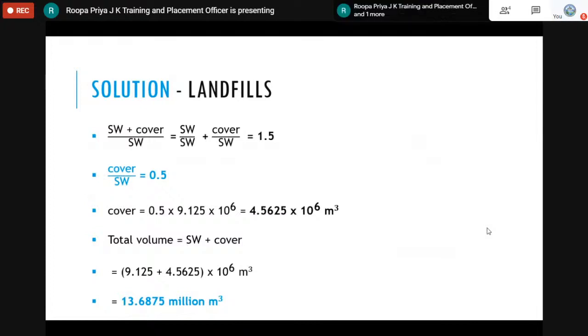Now the cover will be equal to 4.5625 into 10 to the power of 6 meter cube as per the calculation. So now for the total volume, we need the solid waste plus the cover. So considering the total solid waste generated and the cover, we have 13.68 million meter cube of the total volume of solid waste. So this will be the solution for your problem on landfills.